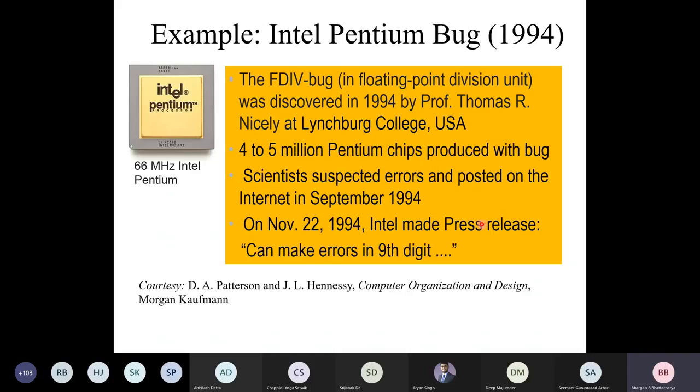Intel announced in the press that yes, the chip is buggy and there are some defects, and this can make errors in the 9th digit of the floating point number. This error is very small, but still it's an error. Where very accurate computations are needed, this chip will give erroneous values. The machine would give erroneous computation. So Intel had to recall all these chips.